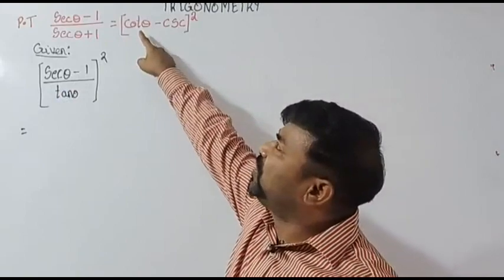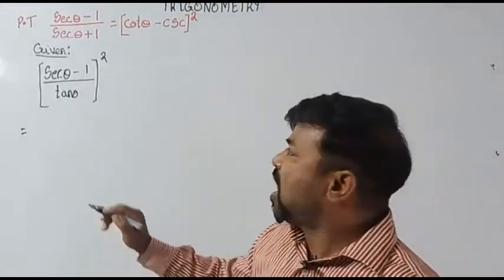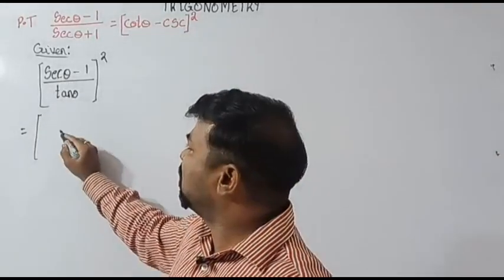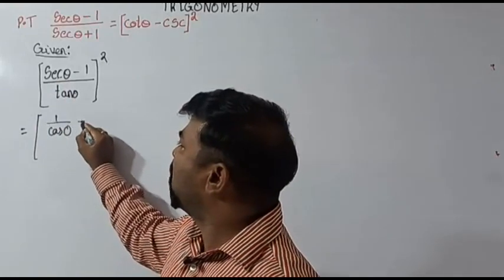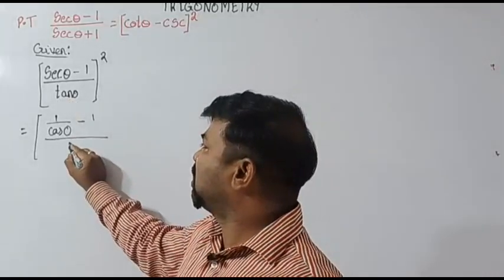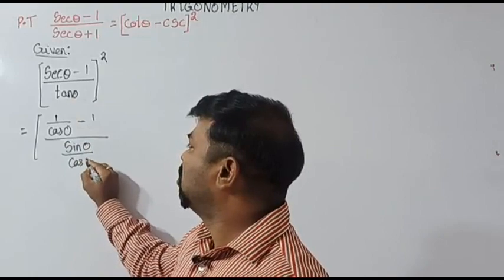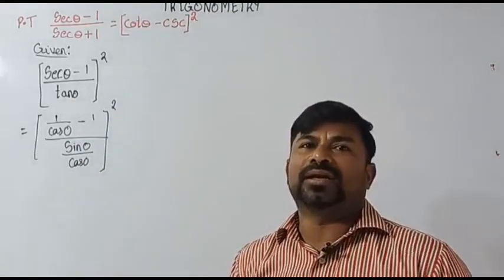The target is to reach cot minus cosecant whole square. So logically I am going in a different manner now. The secant that is present, I am writing as 1 by cos theta minus 1 whole divided by the tan present here. I like to write it as sin theta by cos theta, of course, whole square. How did you get that and what is the purpose?